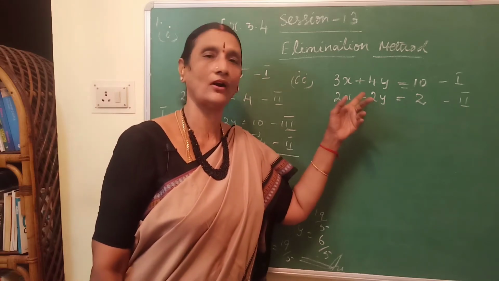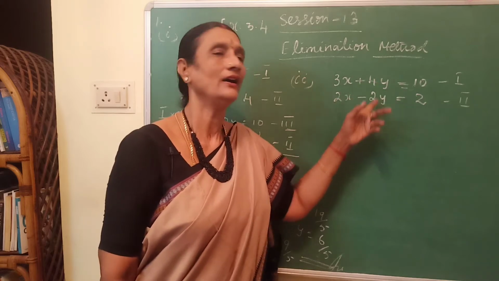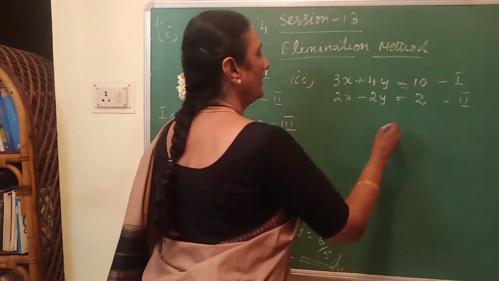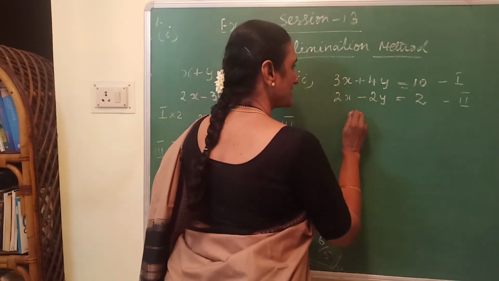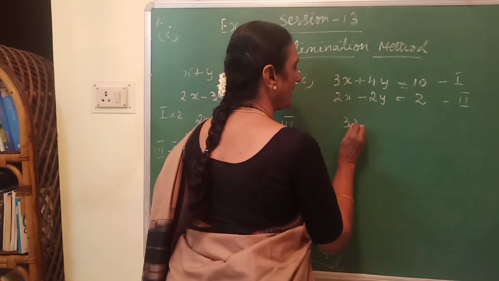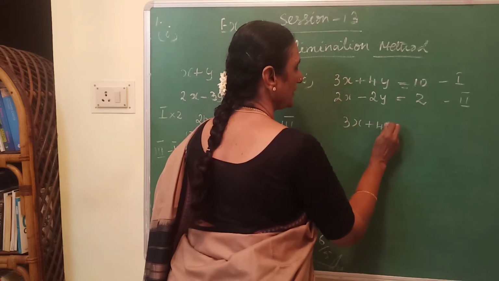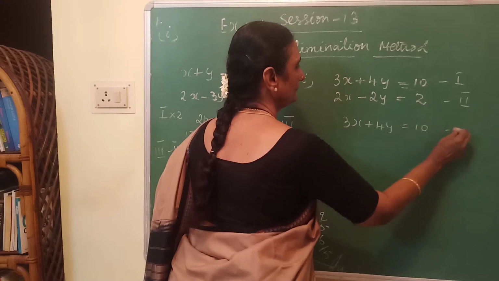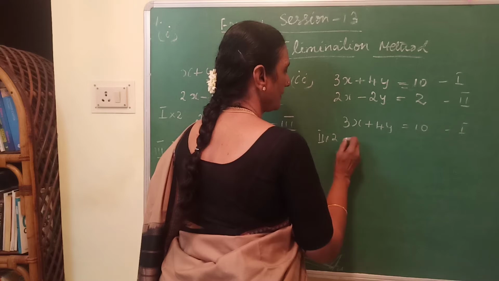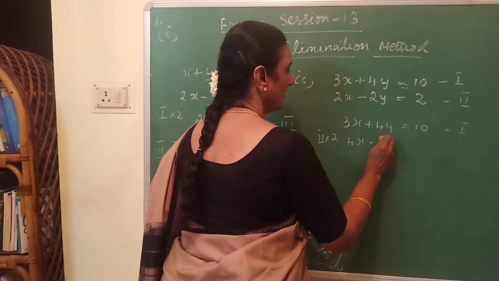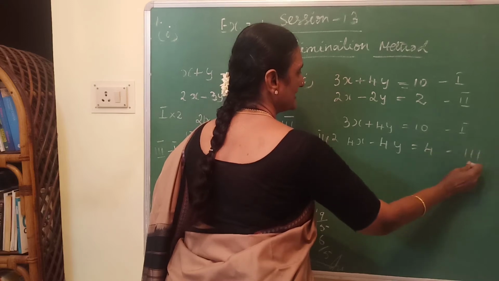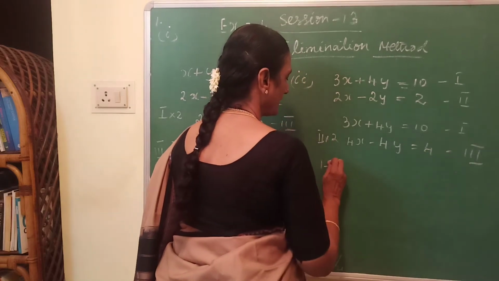So we have all decided to remove the y term first. Here I am multiplying the second equation by 2. In the meanwhile, I will write the first equation as it is, and the second equation I am multiplying by 2. I will get 4x minus 4y is equal to 4. I number it as 3, and then 1 minus 3.